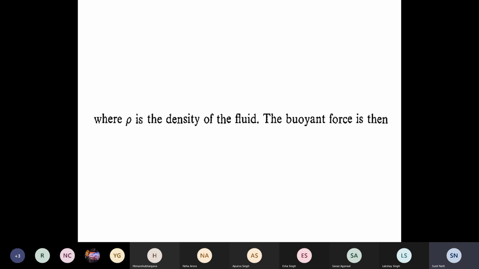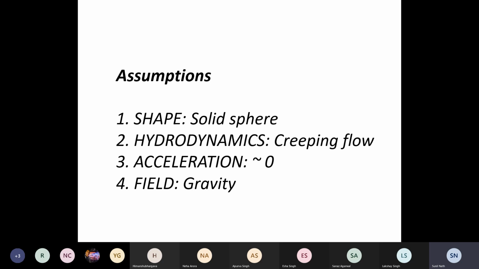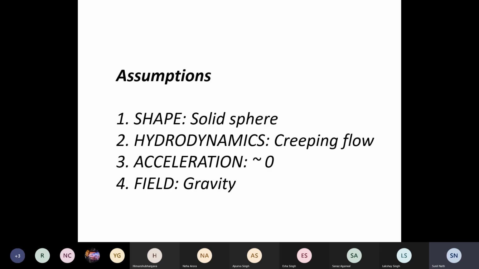The older slides. Right. So this is where we were.